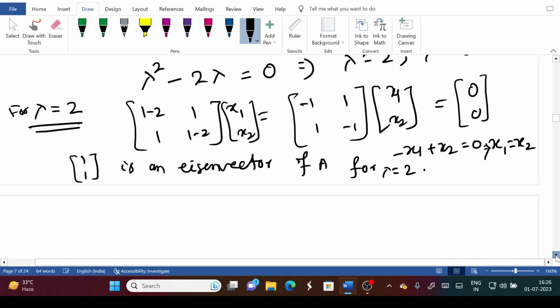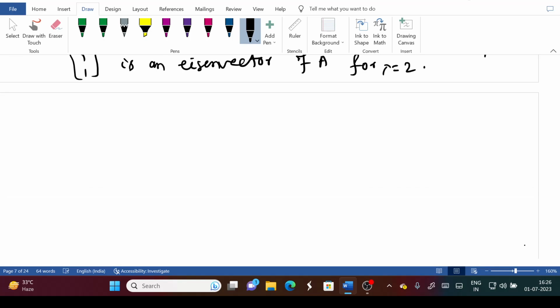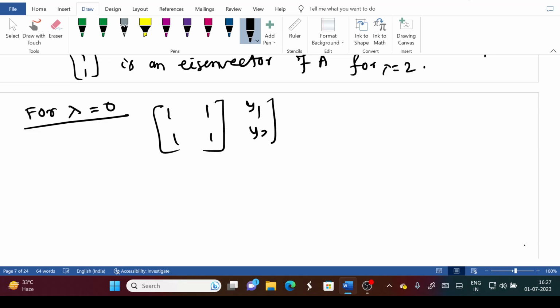Okay, next, for lambda equal to 0. That means from the diagonal elements nothing will be reduced. So this matrix times (y1, y2) is equal to (0, 0).